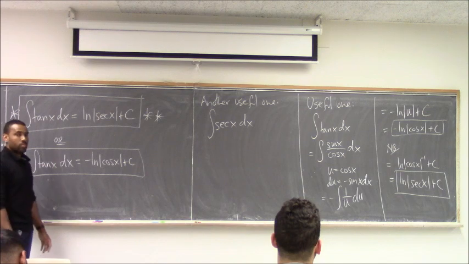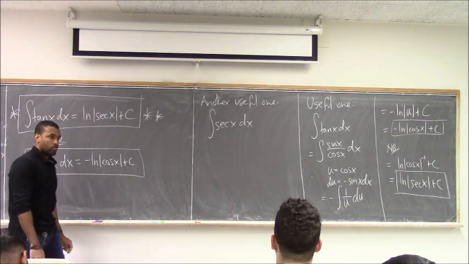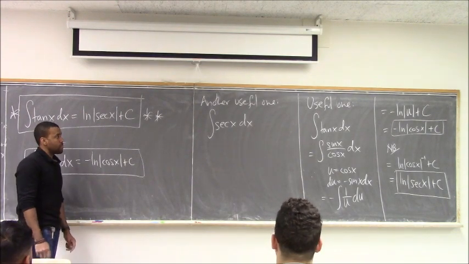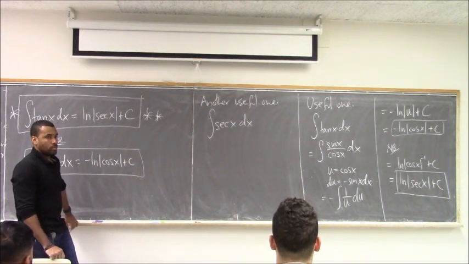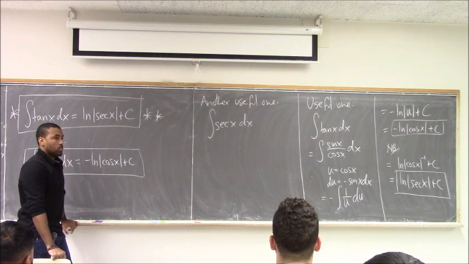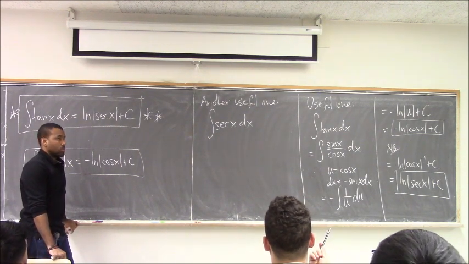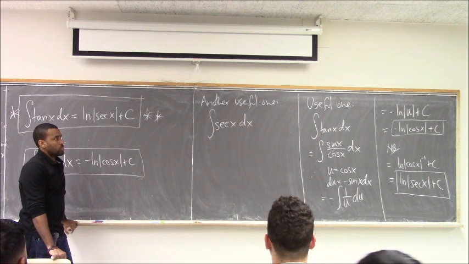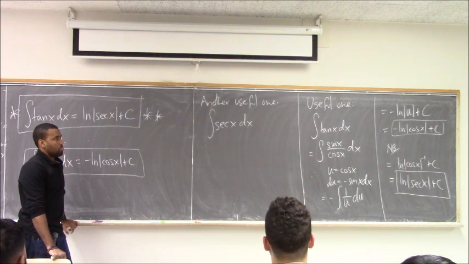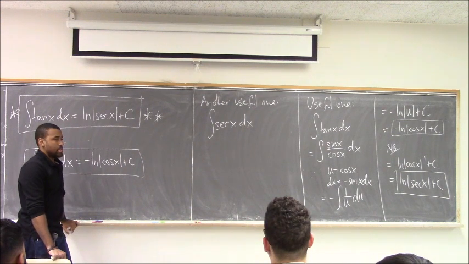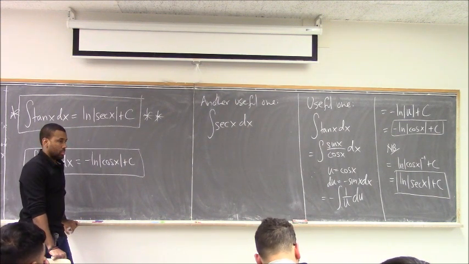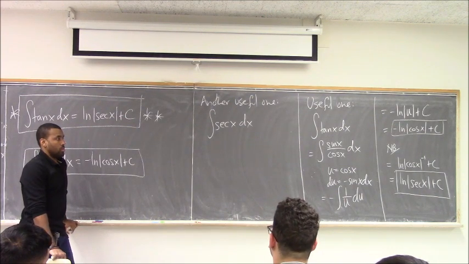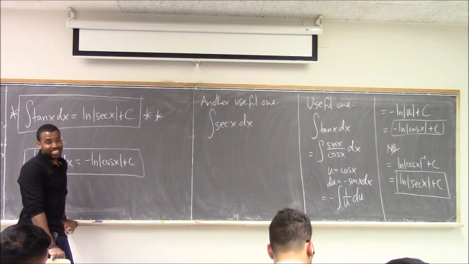Ideas? 1 over cosine. Where can you go with that? Can't get an ln in there. You could make it cosine to the negative 1. Okay, and what do you do with that? Integration by parts or something?